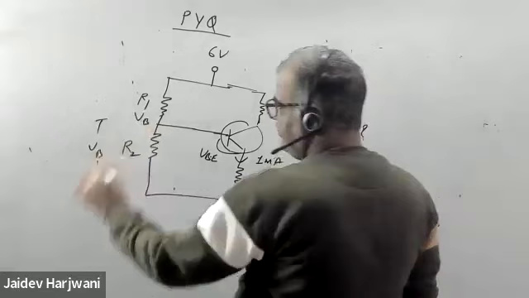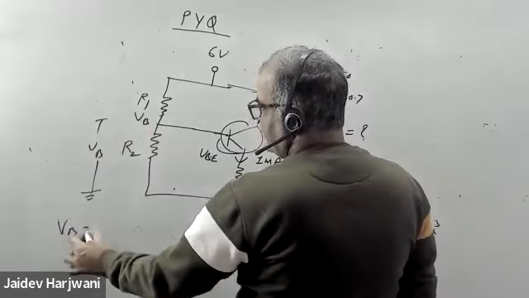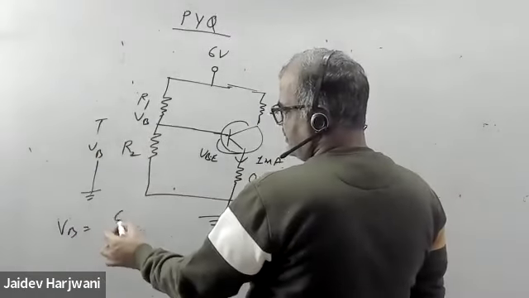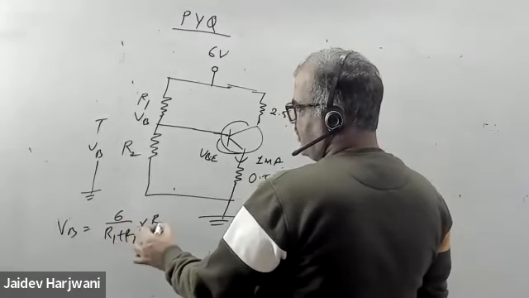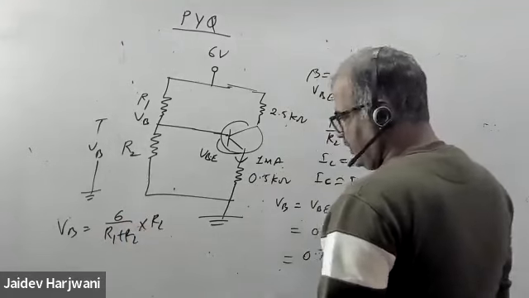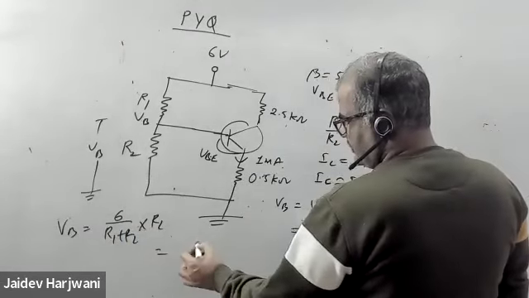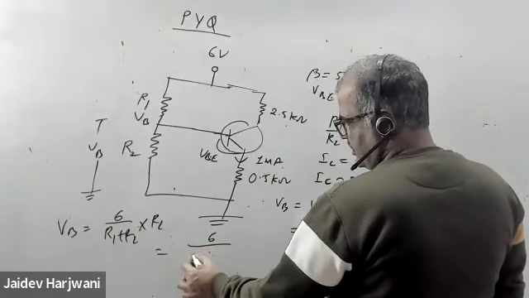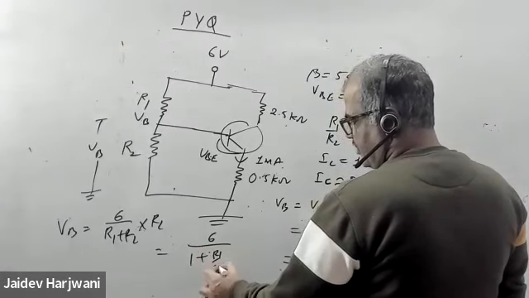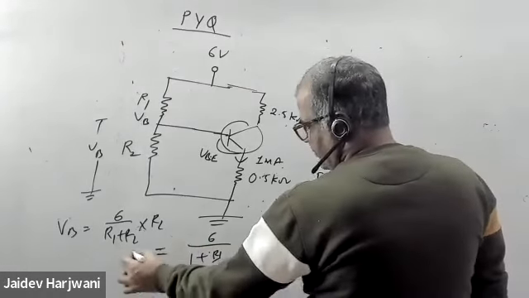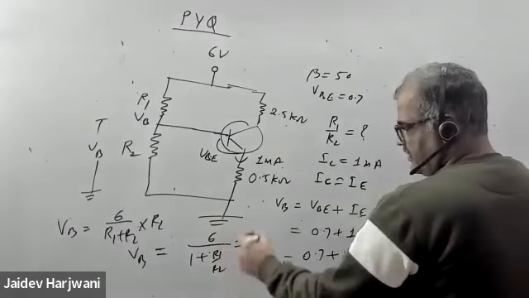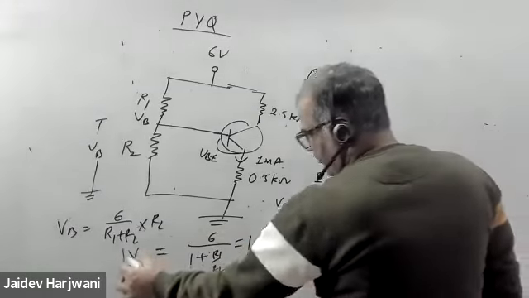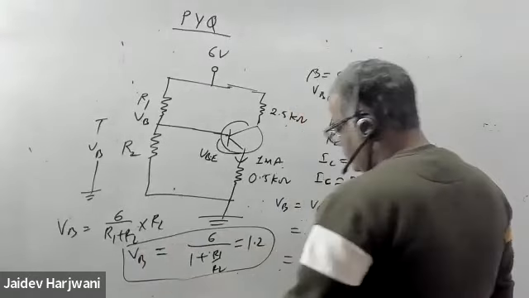And what is the formula for VB? The formula for VB is from voltage division: 6 upon (R1 plus R2) into R2. That is 6 upon (1 plus R1 upon R2). That is your VB, and we have already calculated 1.2. So from this equation, you can find the ratio R1 by R2.